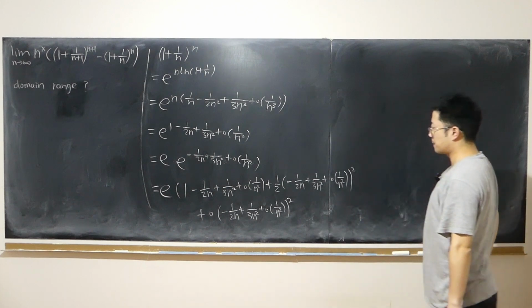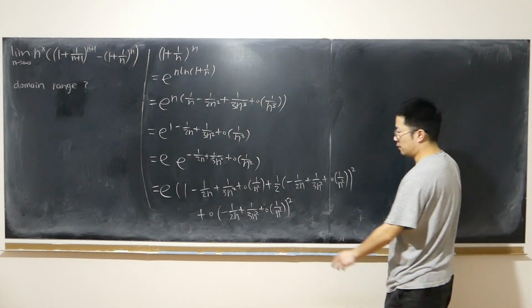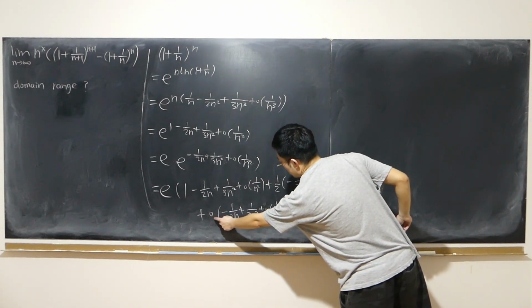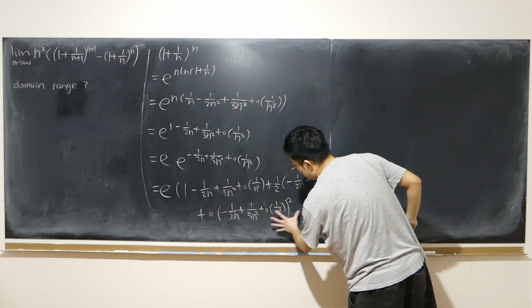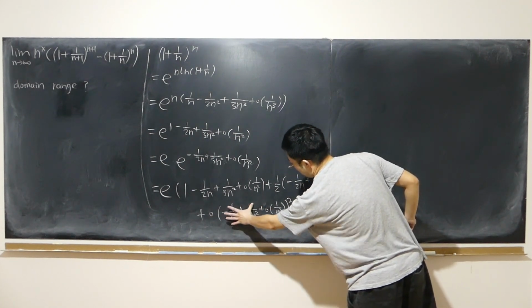Again, keep in mind, little o means some sequence that's approaching 0 times this thing, that is, approaching 0 faster than this.